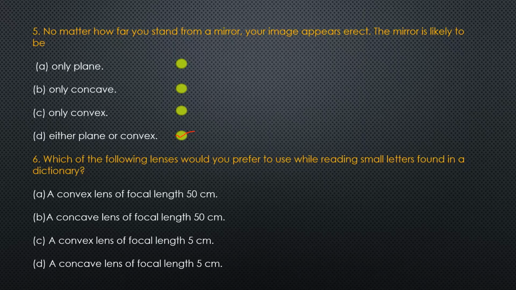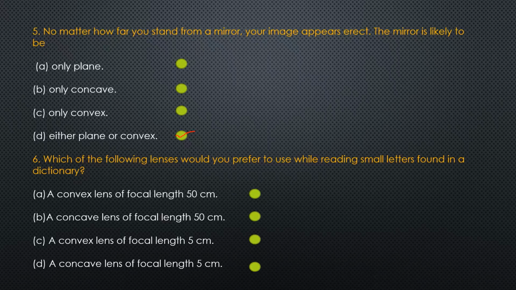Next question is, which of the following lenses would you prefer to use while reading small letters found in a dictionary? First option is a convex lens of focal length 50 cm, concave lens of focal length 50 cm, convex lens of focal length 5 cm, concave lens of focal length 5 cm.